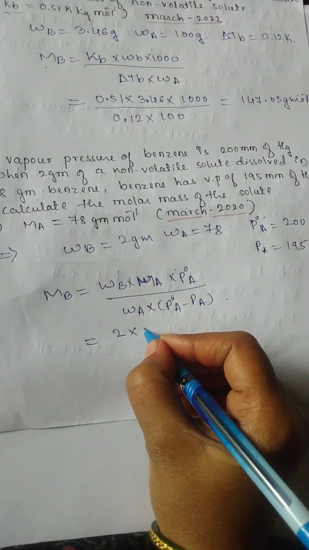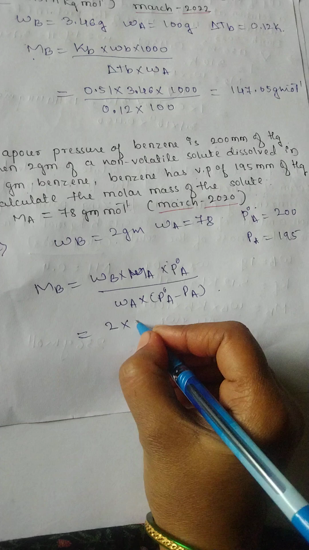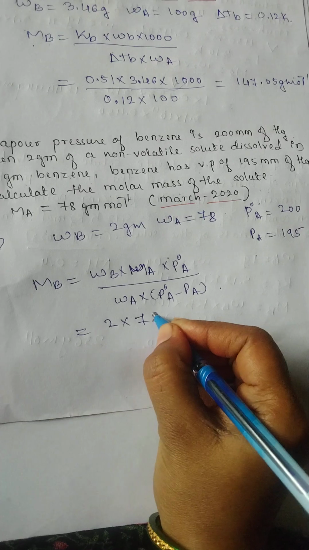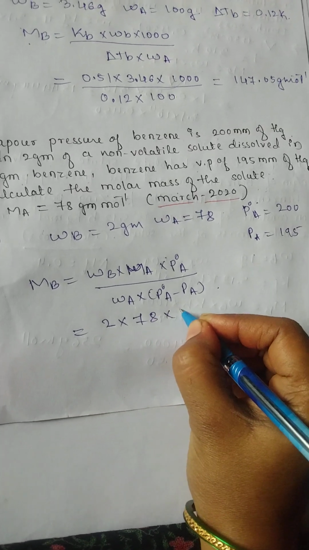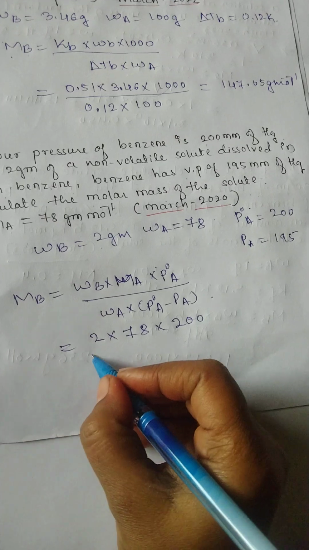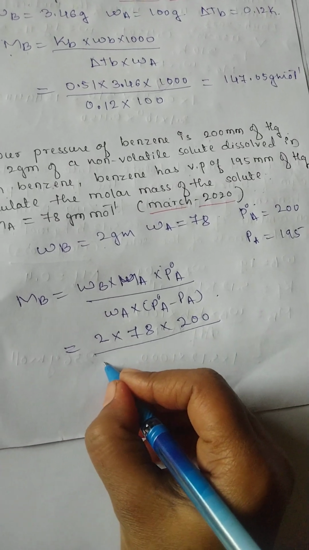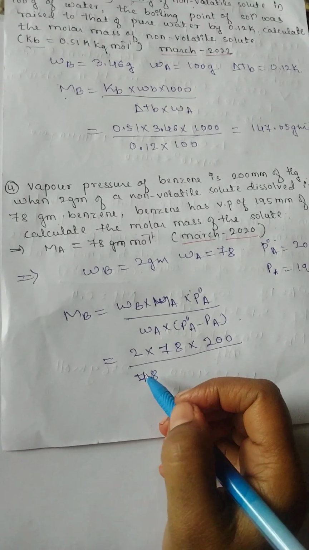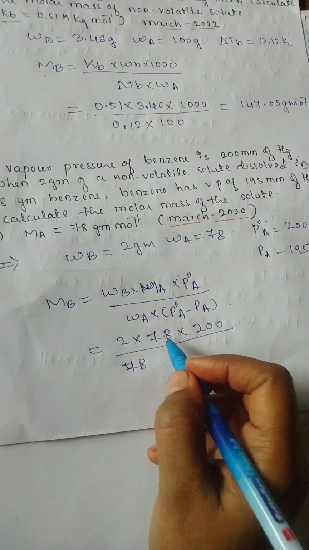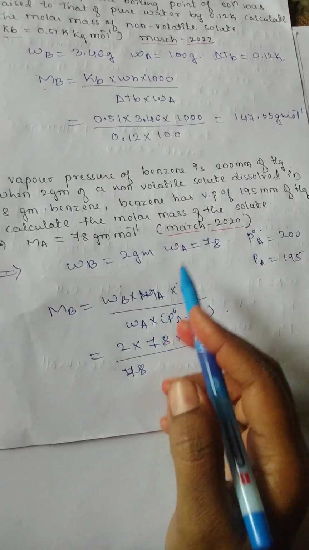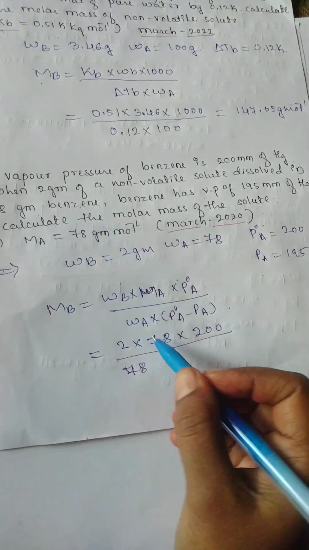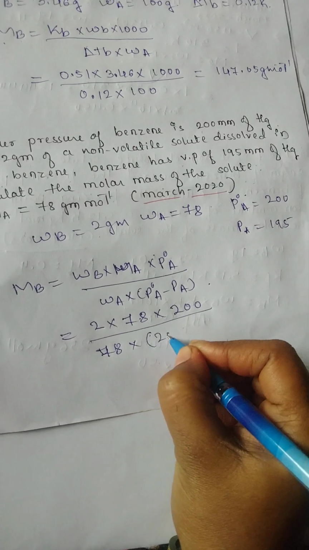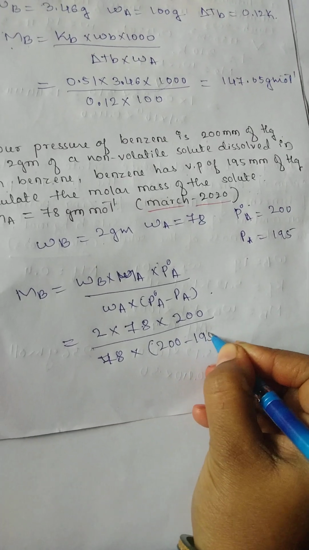So the MA is also given here, 78, into 200 divided by WA, this is also 78, because the molar mass of benzene is 78 and they have given the solvent as 78 gram of benzene, into 200 minus 195.